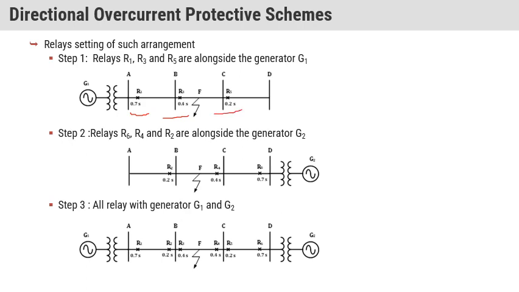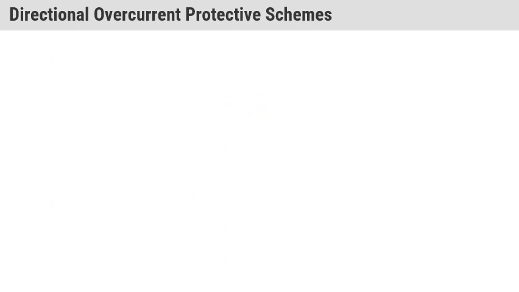So if a fault occurs here, relay R5 opens, and the remaining system will remain in a healthy condition. The time is distributed in a decreasing manner.